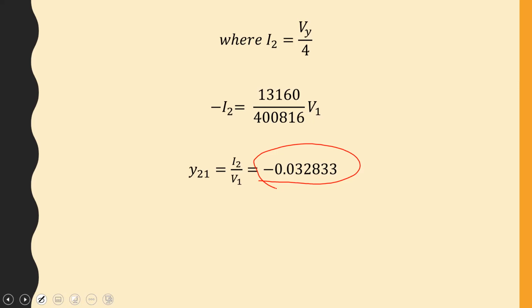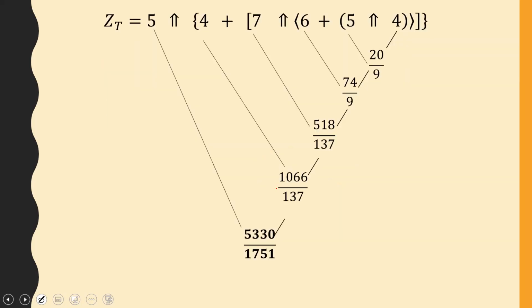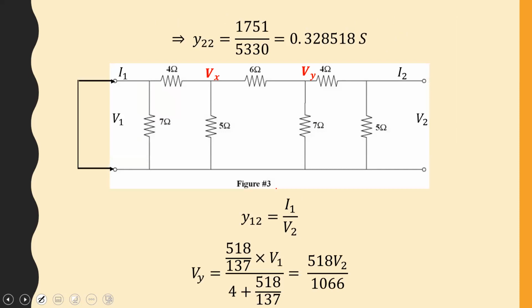Please don't forget the sign. It's minus 0.032833. Bravis? Yes, sir. And then we have Y22, 328518.